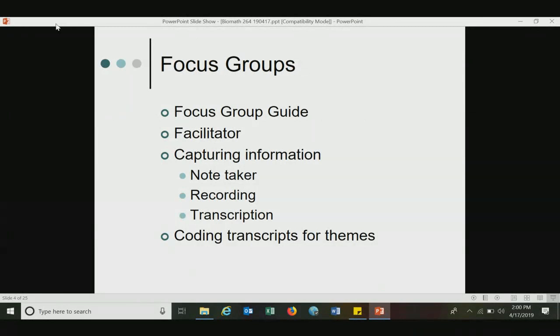So before we start designing something, we want to make sure that we've heard adequately what all the issues are.